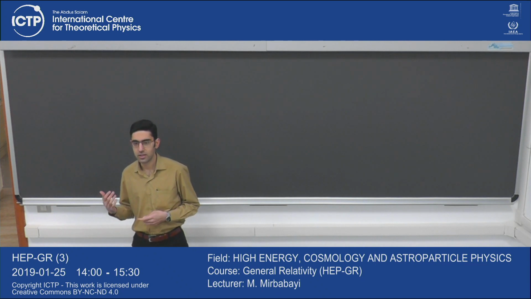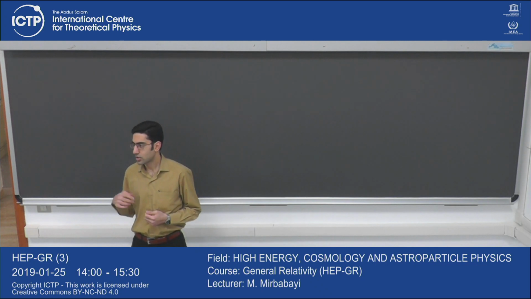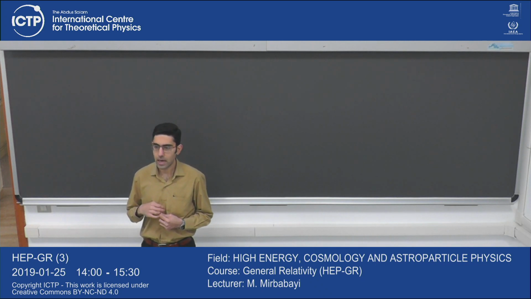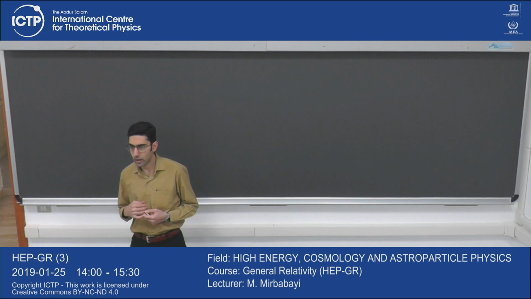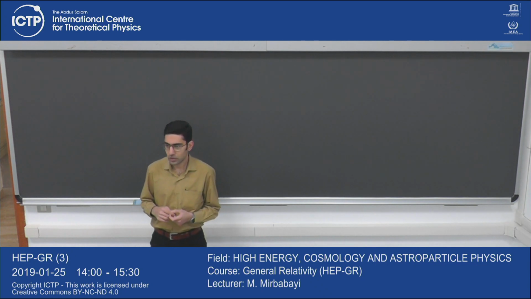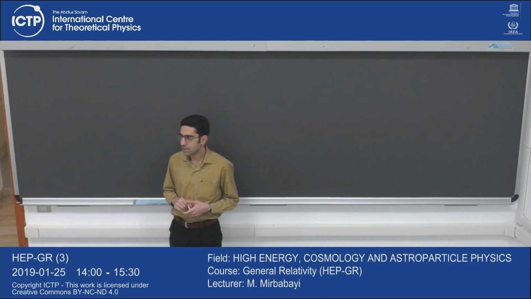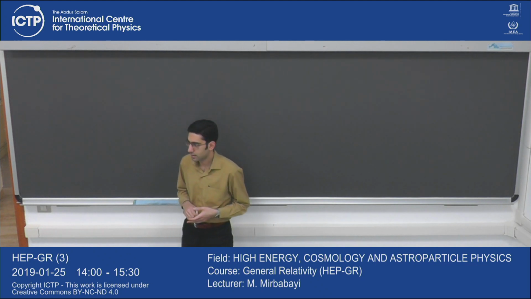Now we want to consider the case in which the particle is charged and it is moving in some background electromagnetic field. And we want to derive the relativistic equation of motion for a charged particle.